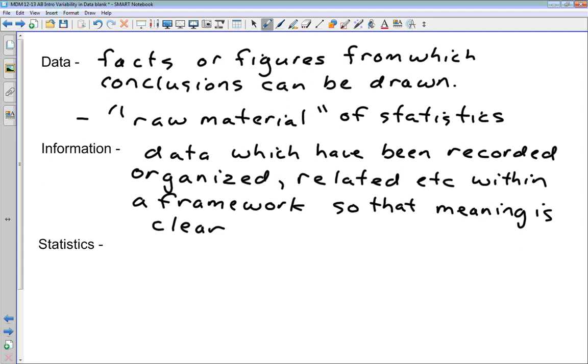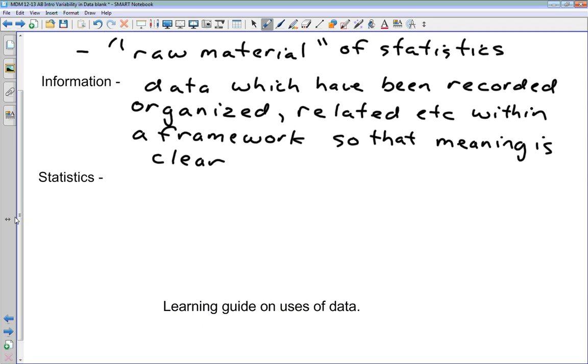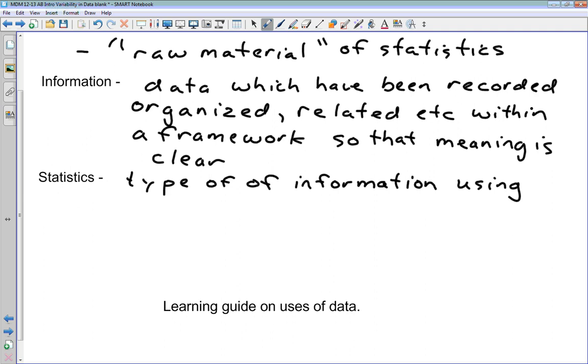So we take our data, we do something to it to turn it into information. Now, one of the ways of getting information out of data is what is called statistics. Statistics basically refers to a type of information, a way of organizing your data using mathematical operations.